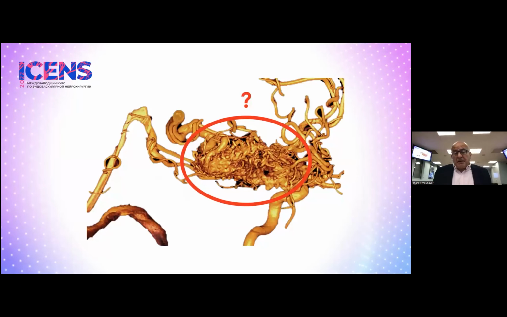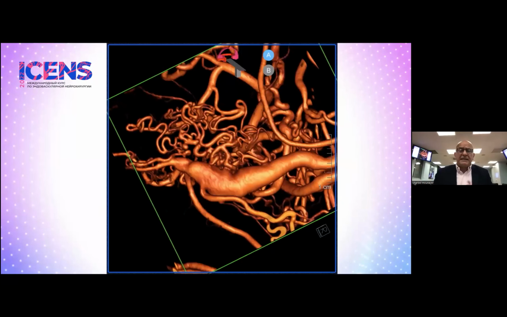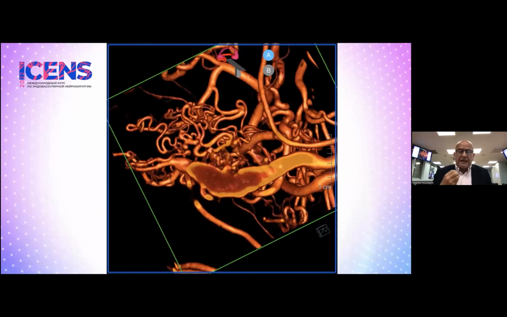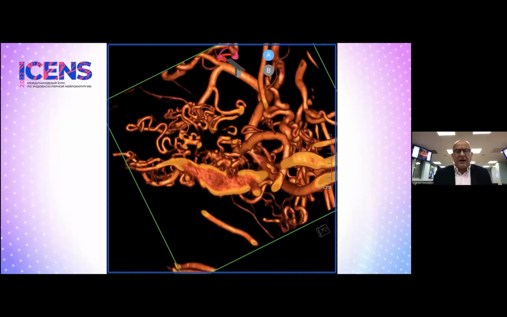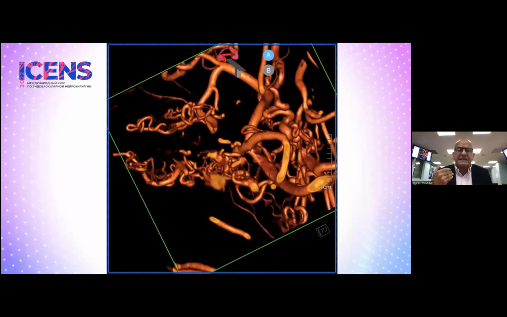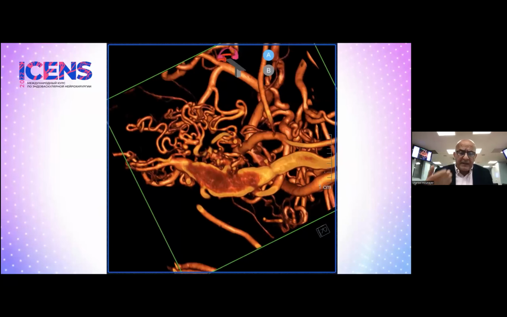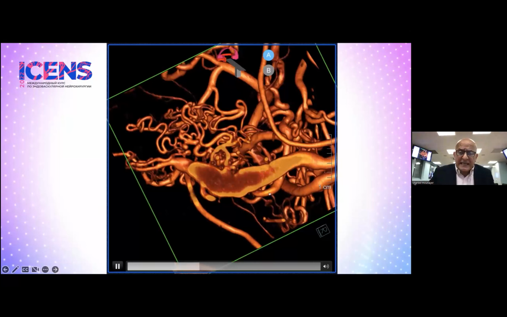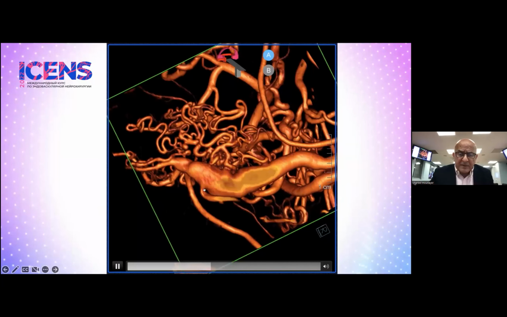Now, what we are interested in is this area, which is the nidus area, but we cannot understand anything when we look at the image like it is. It's beautiful to get an image like this, but we don't know where the abnormal vessels are, where the veins are, where the primary veins are. So this kind of image should be treated by MPR or whatever, but we have to enter inside the nidus with a cutting plane, in order to see exactly where the primary veins are connected over the collector.